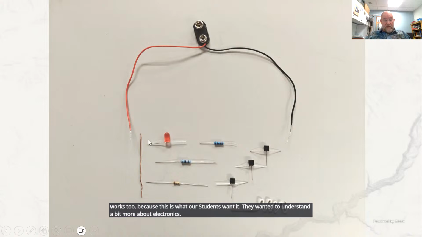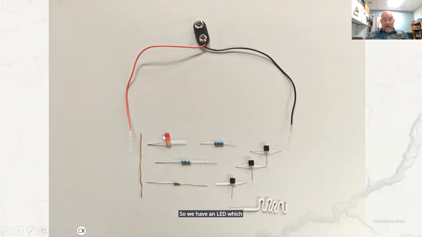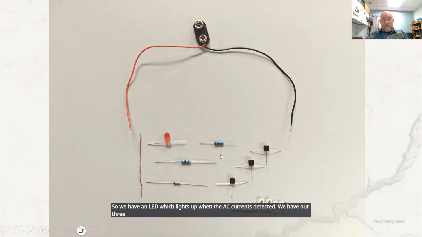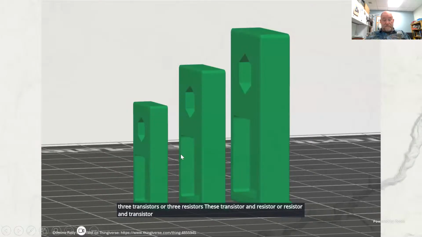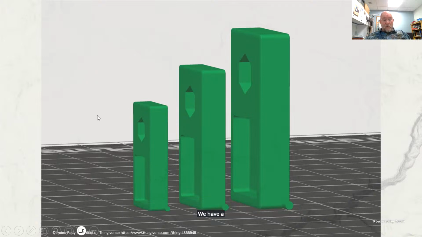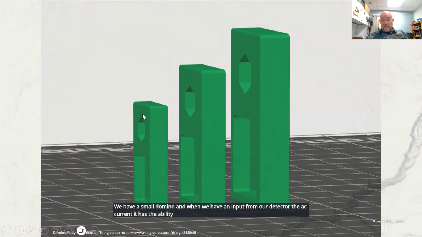So we have an LED, which lights up when the AC current's detected. We have our 3 transistors and 3 resistors. These transistors and resistors all work in tandem, like this set of dominoes right here. We have a small domino, and when we have an input from our detector, the AC current, it has the ability to knock over that first domino, which in turn knocks over a second domino, which in turn knocks over the largest domino.